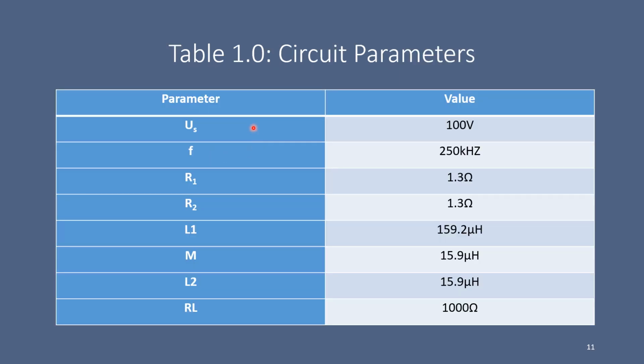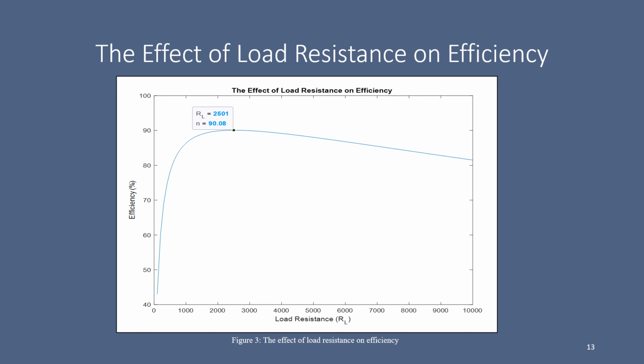This table shows the parameters that were utilized to analyze our circuit in the fractional domain, and these parameters were chosen with reference to a textbook. The first figure of the results shows the effect of load resistance on the system efficiency.